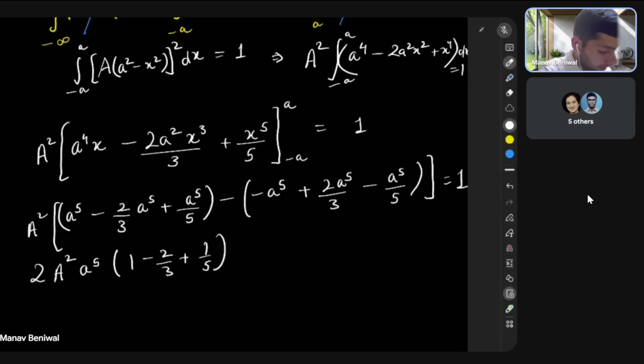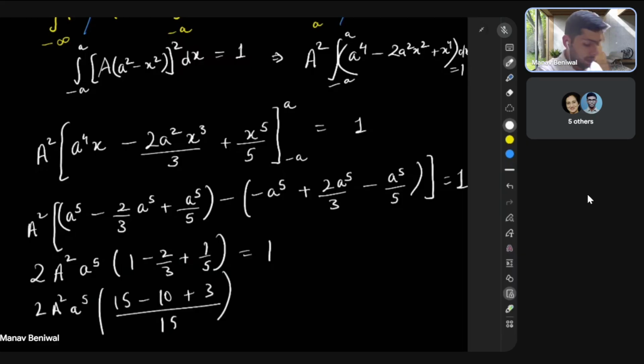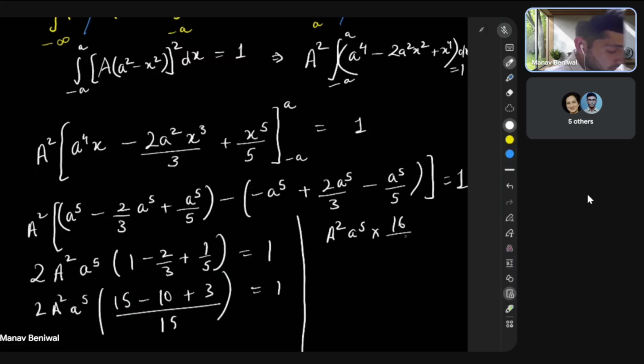If we take the LCM, this is just 15 minus 10 plus 3 over 15, which is 8 over 15, so with the factor of 2 this is 16 by 15. So A squared times a to the 5 times 16 over 15 is 1.